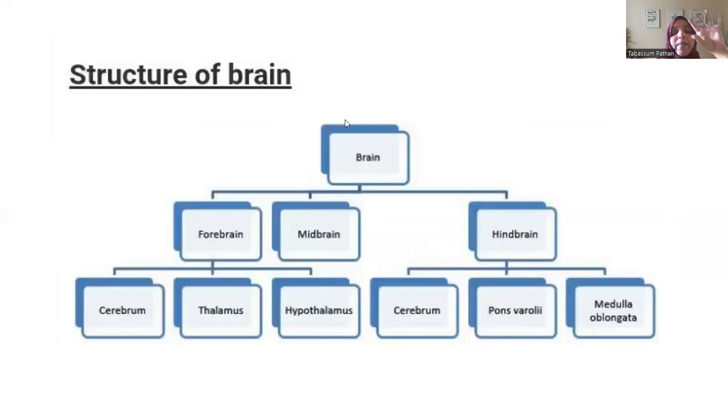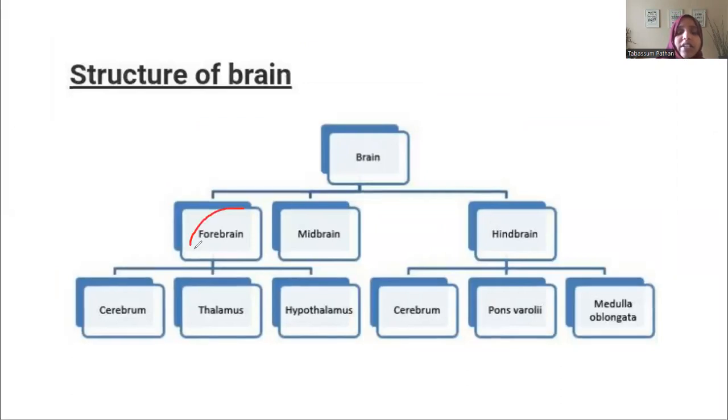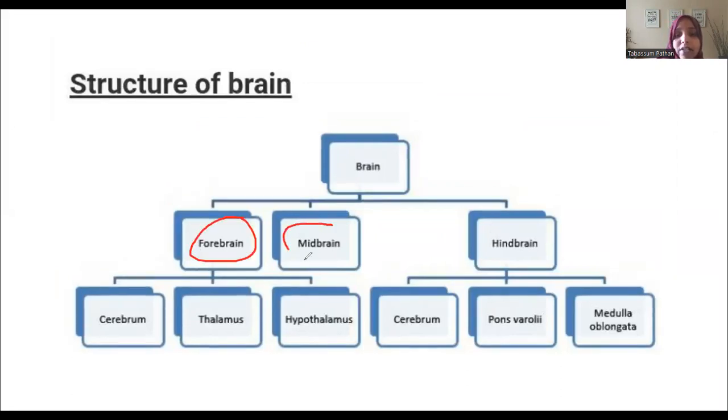So in the central nervous system, the first part that we will be discussing is the brain. Brain has three major regions: front brain, middle brain, and behind brain. So front region, forebrain; middle portion, midbrain; the behind portion, hindbrain.